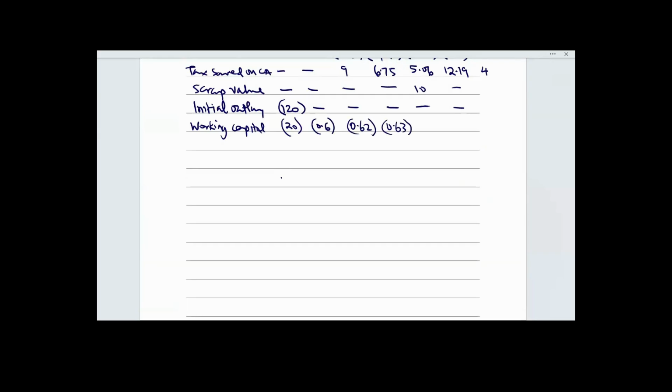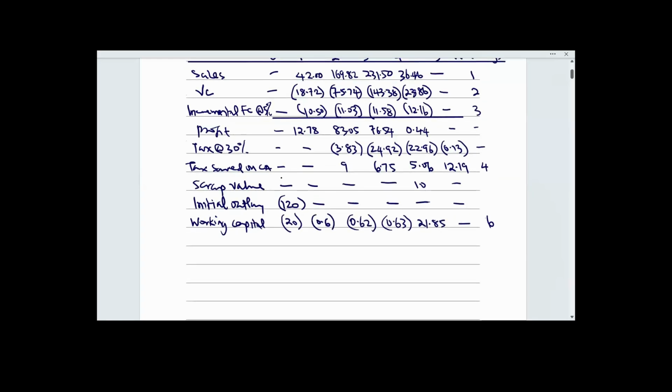Then in year 4, we recover everything, which is 21.85. So this is working number 5.